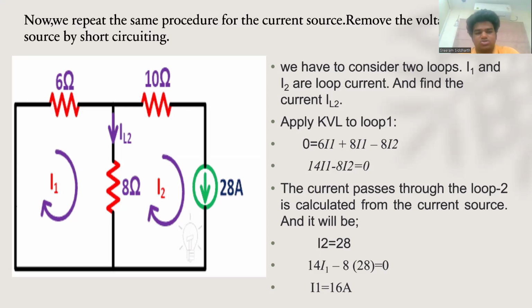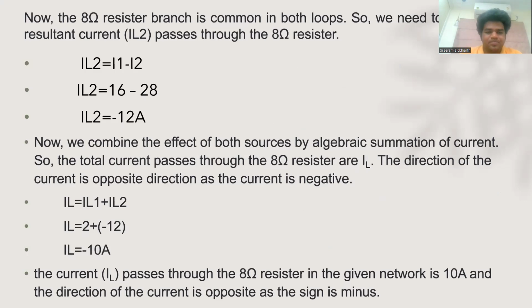We know that I2 is 28 amperes, so we directly substitute I2 in the first equation, 14 I1 minus 8 I2 equal to 0. We'll be getting 14 I1 minus 8 into 28 equal to 0. I1 will be 16 amperes.